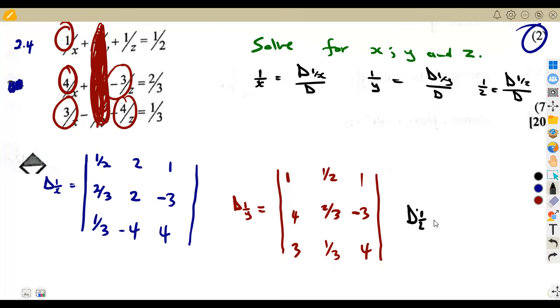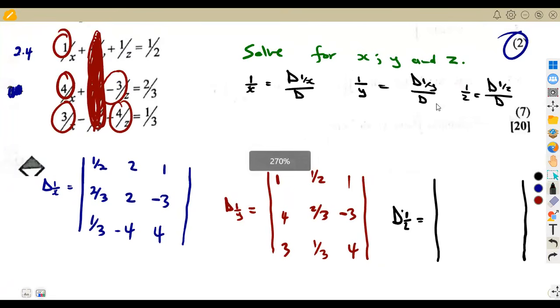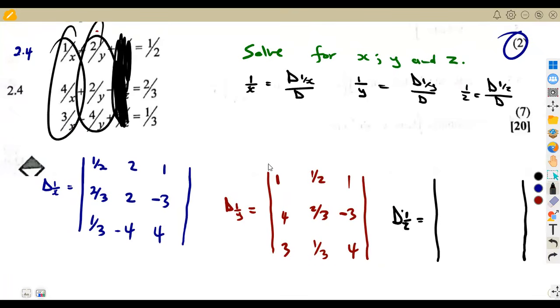All right, then we do the same thing for the determinant with respect to 1 over z. In this case, this time we have to close the part of z. We substitute the part of z with the constants. So x is going to remain as it is, and y also is going to remain as it is.